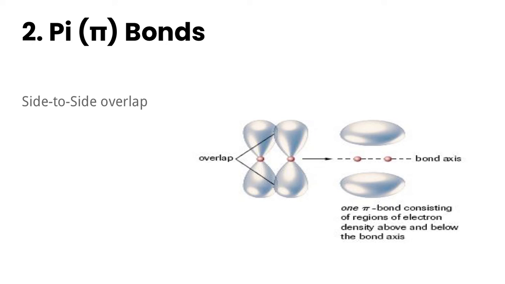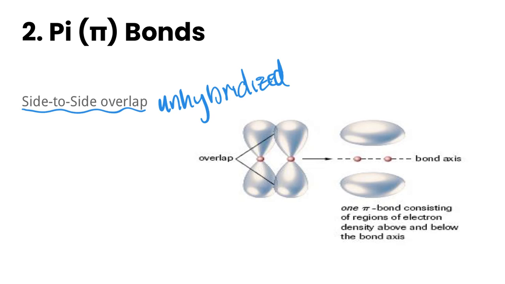Now, pi bonds, on the other hand, are side-to-side overlap. Typically, these happen with unhybridized p orbitals. Not always the case, but quite often, the examples we'll see in this video are all unhybridized p orbitals.